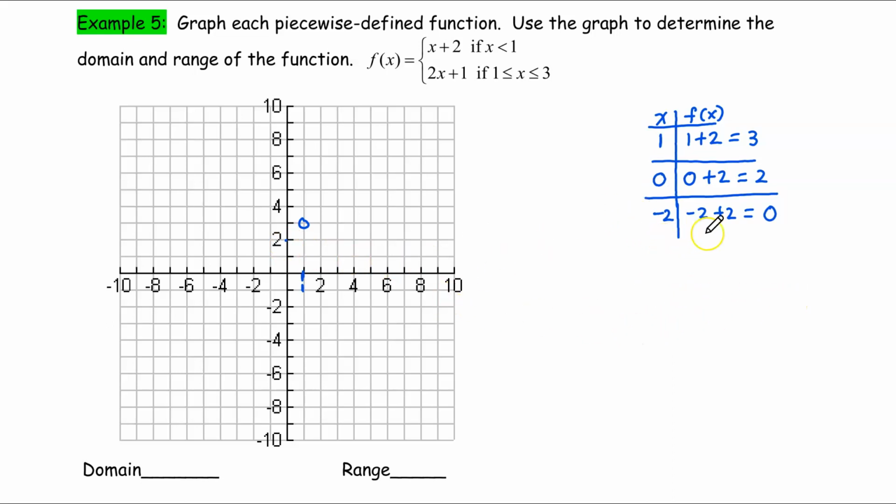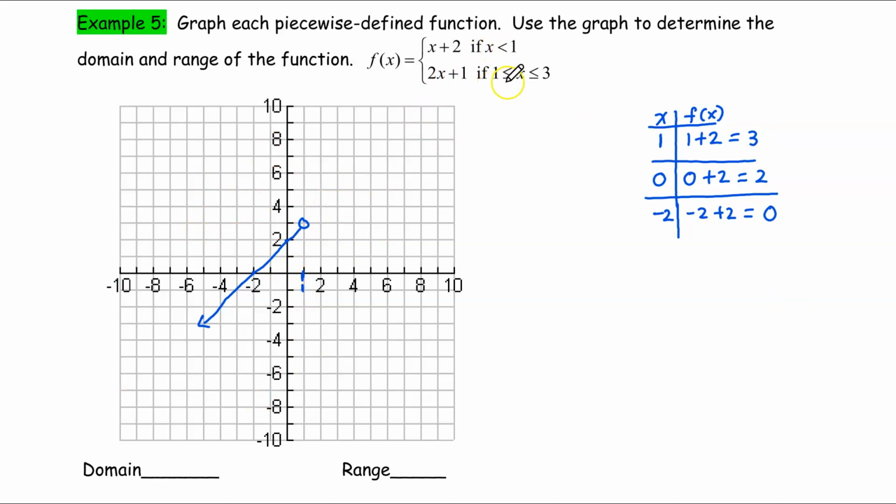When x is -2, y is 0. Then you connect these points here. So that's part of the graph of that piecewise function. That's the graph when x is less than 1.